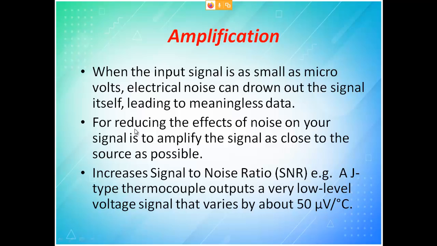Okay, so amplification. When the input signal is as small as microvolts, electrical noise can drown out the signal itself, leading to meaningless data. So when you take a signal from the brain, for example when you take ECG, or even with some advanced technology you try to take the signal from the brain, the signal will be very, very weak, or you even cannot capture it.